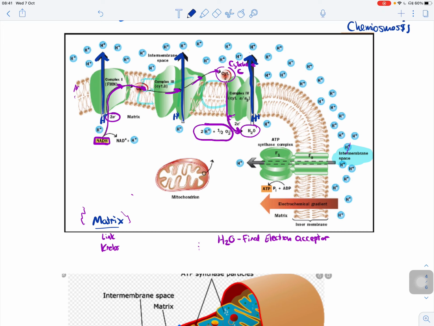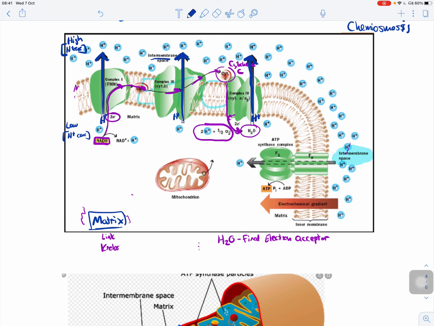So we go from a low H plus concentration to a high H plus concentration, okay? So the movement there creates a high concentration out here, out in the intermembrane space, and a low concentration in the matrix, okay?